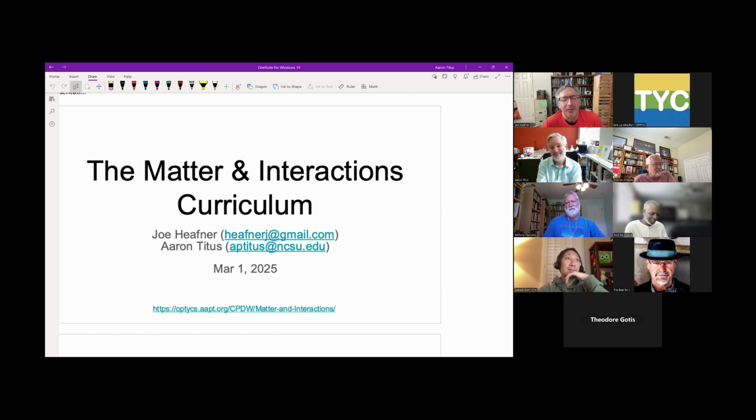It was not yet under contract for publication, and they were basically just giving away comb-bound beta versions of it. So in the fall of 1999, I started using Matter and Interactions, and it turns out we were the first institution in the state of North Carolina to use it. And I think that's significant, being at a community college.